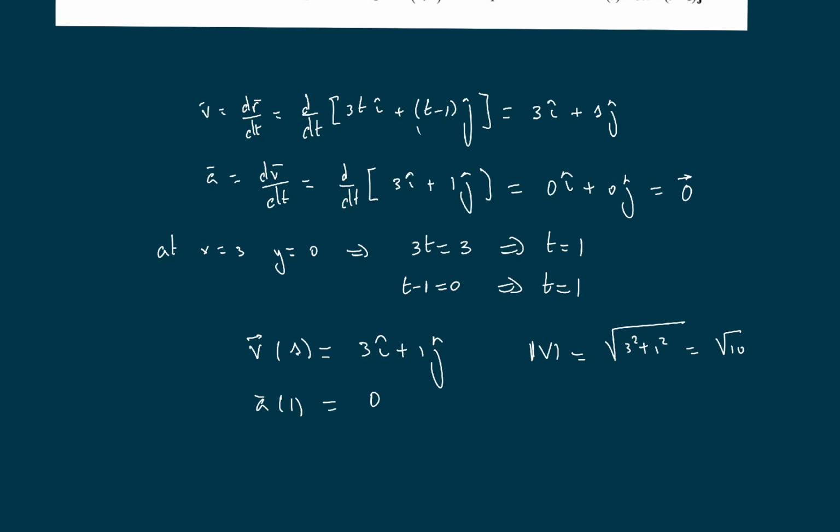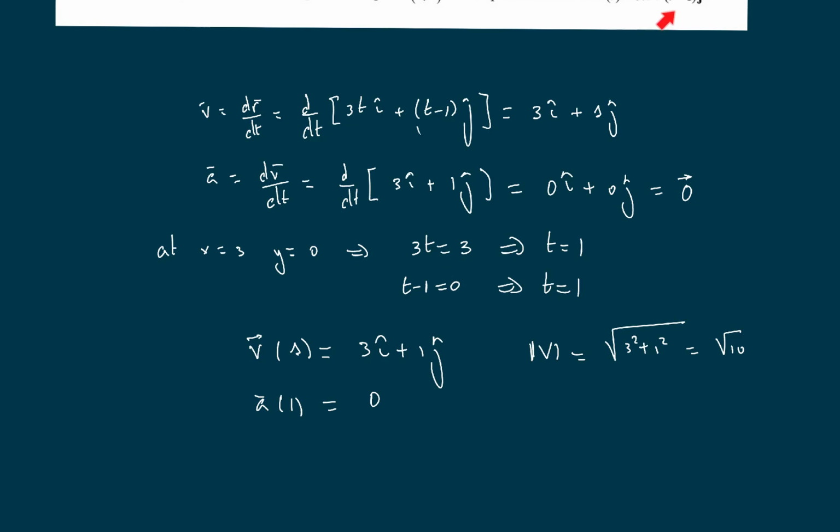So the only variant of this problem is that it says to find the velocity and acceleration not at a certain time, but when the object is passing through the position 3, 0. So x is 3, y is 0. So if x is 3, because x of t is 3t, it means that t is 1.